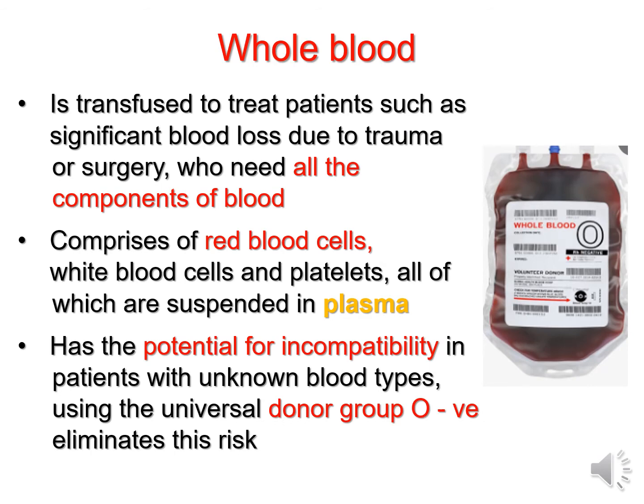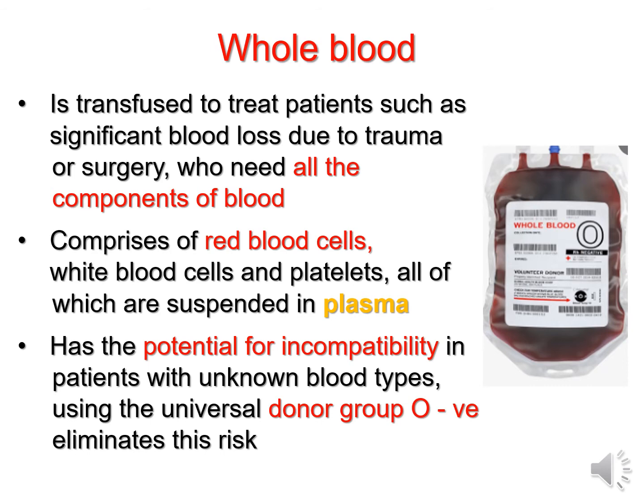Whole blood typically isn't transfused unless in an emergency. Whole blood is transfused in situations where you've got significant or serious or life-threatening blood loss due to trauma or surgery. This is for patients who need all the components of blood, which comprises red blood cells, white blood cells, platelets, all suspended in plasma.